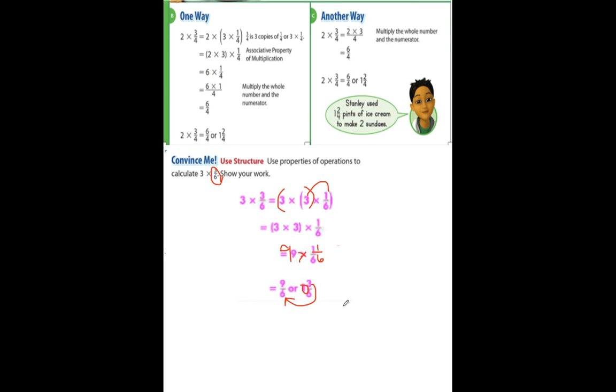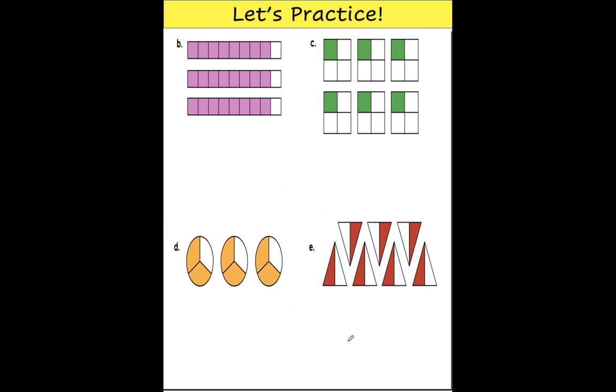And I get 1 3/6. Now, challenge, 1 3/6, what does it equal? If you said 1 1/2, you were correct, because 1 3/6 can be reduced down to 1/2. Challenge question. Good job.